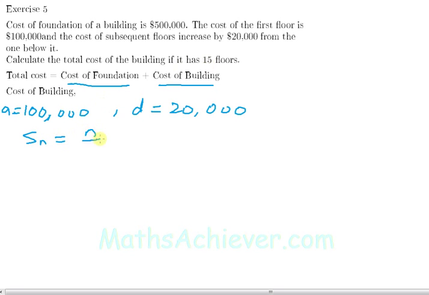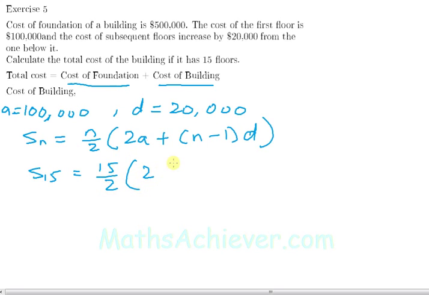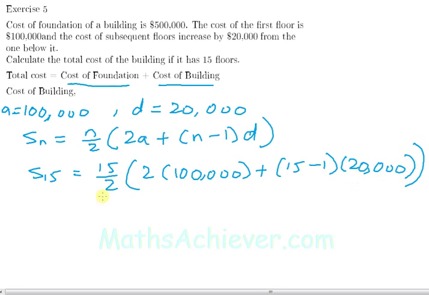We know that S_n equals n over 2 times (2a plus (n minus 1) d), because we have all this information. So S15 would equal 15 over 2 times (2 times 100,000 plus (15 minus 1) times 20,000).